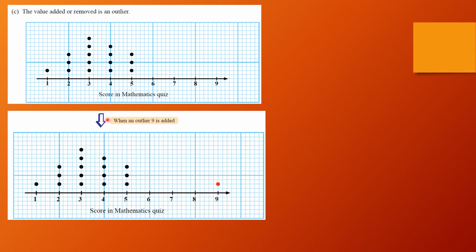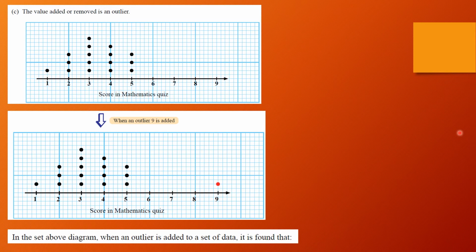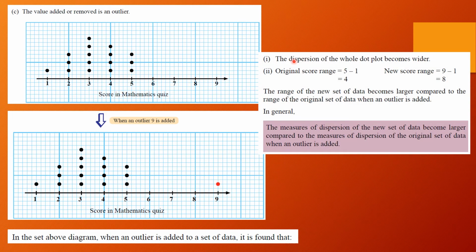Now we add an outlier, 9. Suddenly there is one pupil who achieves a score of 9. So when an outlier is added to this set of data, the dispersion of the whole dot plot becomes wider.